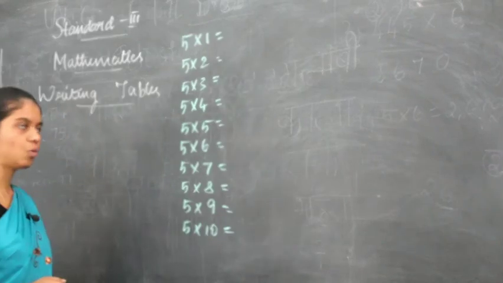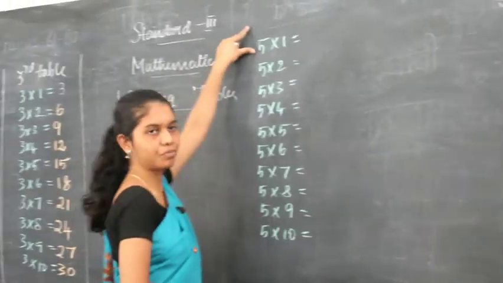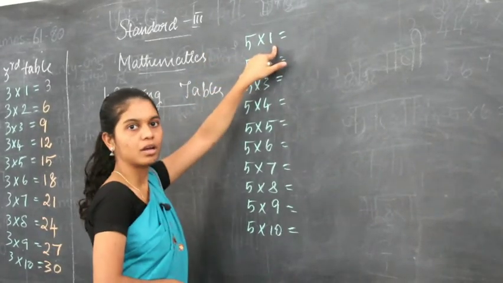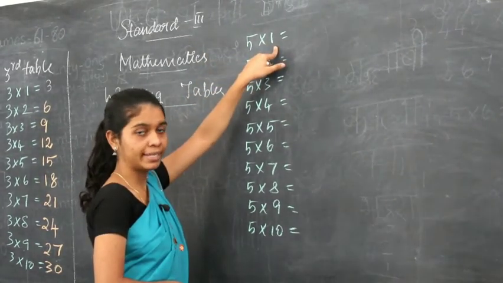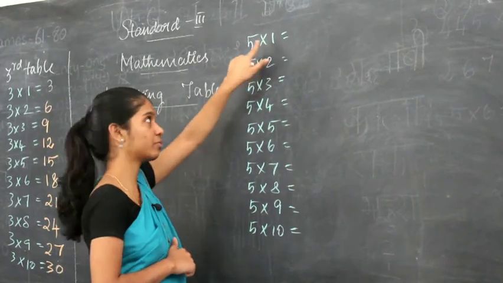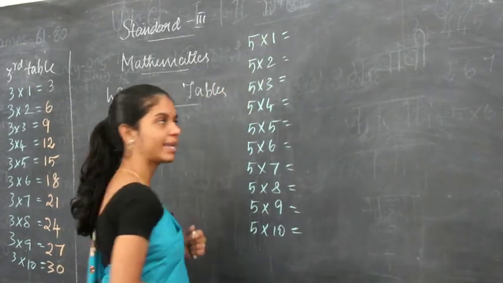Okay, so now what you should do? You should write for the first one. 5 ones are. You know that when you multiply any number with 1, you will get the same number. So if you multiply 5 with 1, you will get 5.